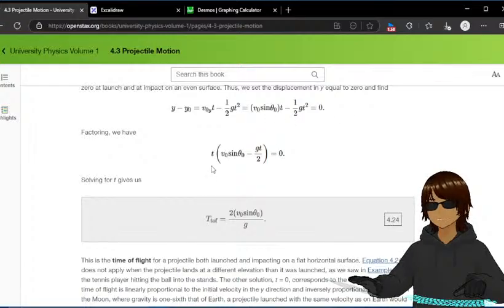So they took the t out. Wait, I don't understand what's happening. Solving for t gives us this.